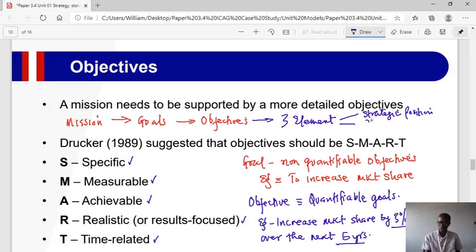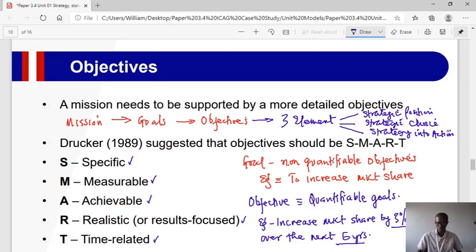Then you look at your strategic choice, and then your strategy into action. And that will make up a good framework for our strategic management.